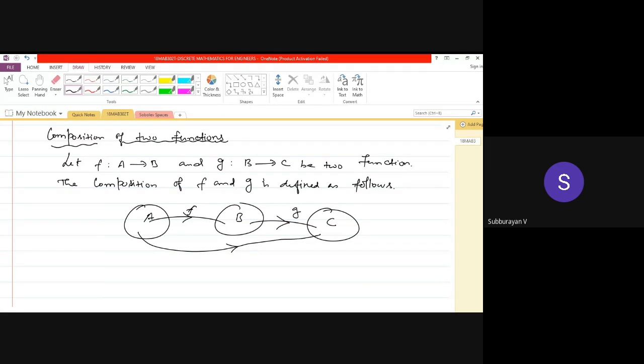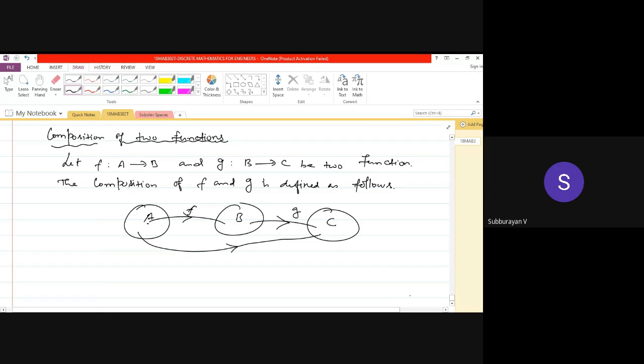That is very important. We start with A and end up with B. Then the function g starts with the elements belonging to B, and it ends up with C.